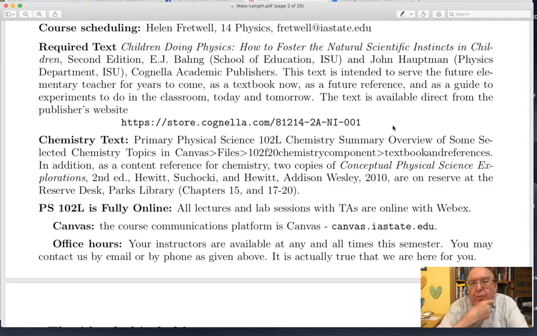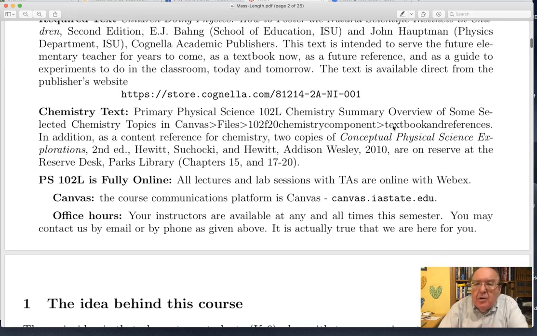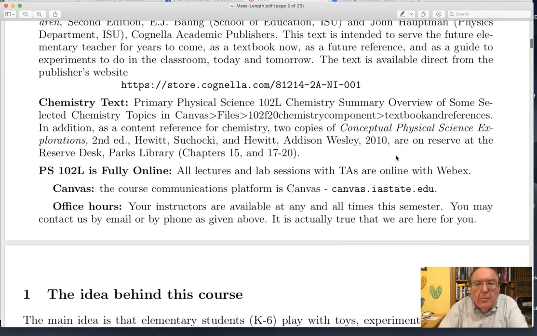Well, you'll have about 48 suggestions by looking at this book and by paying attention to this course. Now, the chemistry, Kathy Burke will tell you all you need to know about the chemistry. The files of the chemistry component, textbook and references are posted on Canvas.